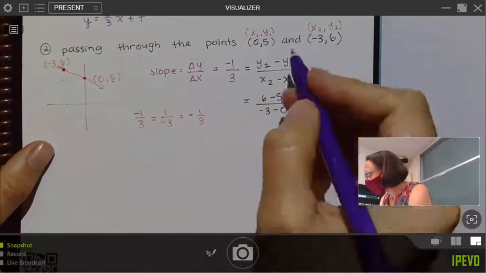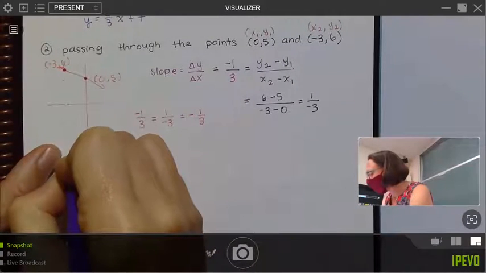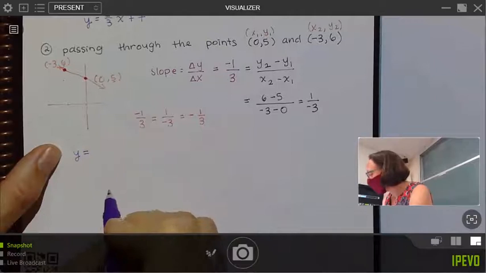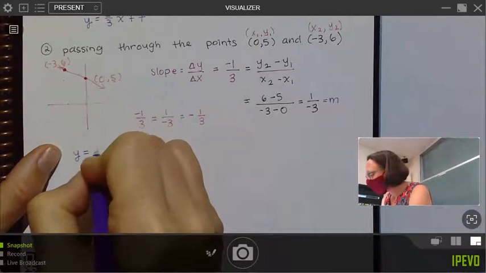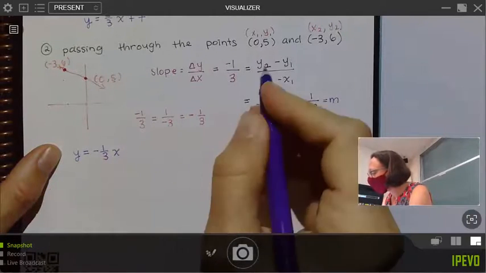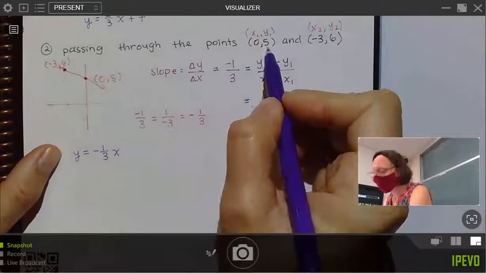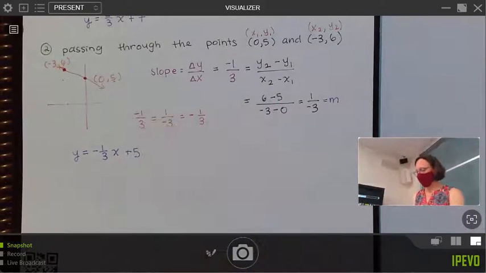I'm going to say, okay, since we know that the y-intercept is (0, 5), I can write down that our slope was -1/3, and my y-intercept here is 5. That's a choice.